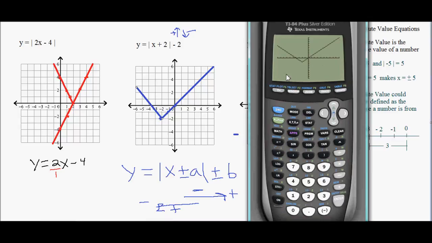You'll notice I get this, pretty much looks like that. I do a trace, and I get 0, 0. Yep, 0, 0. If I do a negative 2, I get negative 2. Negative 2, negative 2. See, that worked. Negative 5 should give me 2.